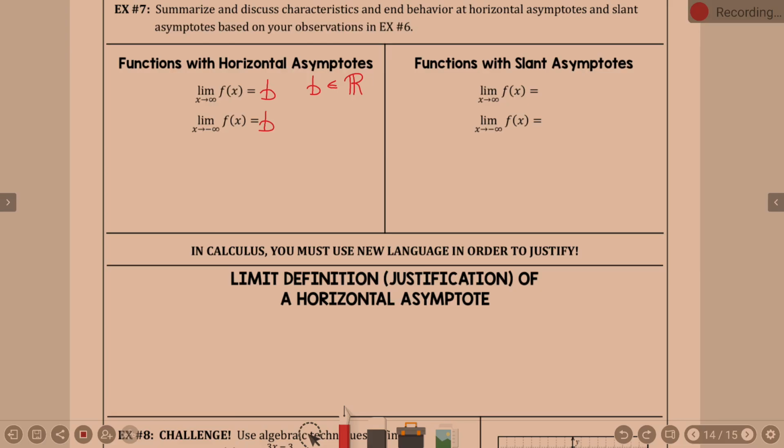And what did we just talk about? y equals B is, I'm still going to use the abbreviation HA, a horizontal asymptote of the graph y equals f of x, what we are trying to find the limit of. So that's the generalization. Anytime there's a horizontal asymptote, your limit as x approaches positive or negative infinity is going to be equal to that horizontal asymptote.